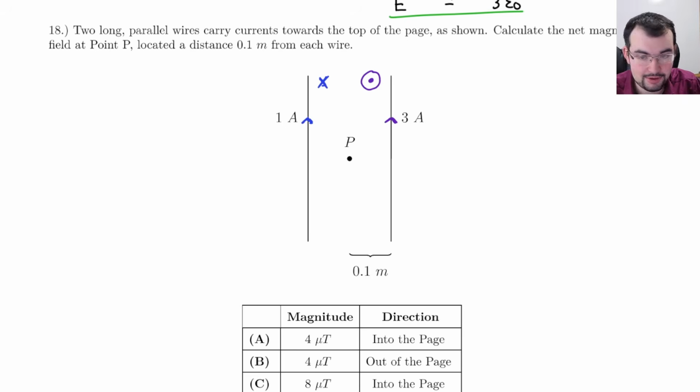And how do we calculate it? Well, we know that B wire is mu naught I over 2 pi r. So we can do that for each wire.